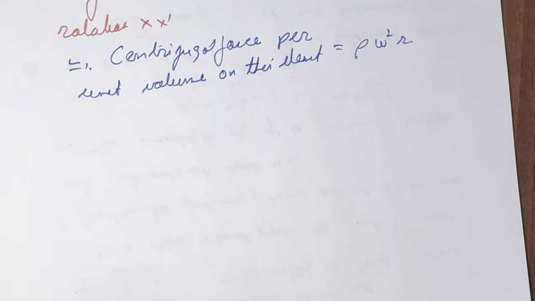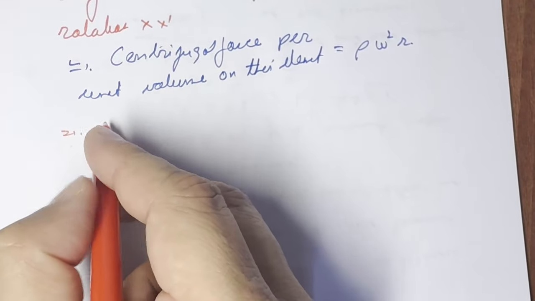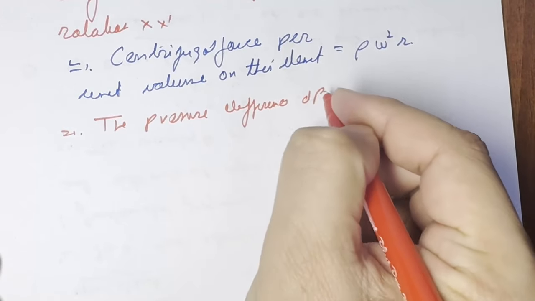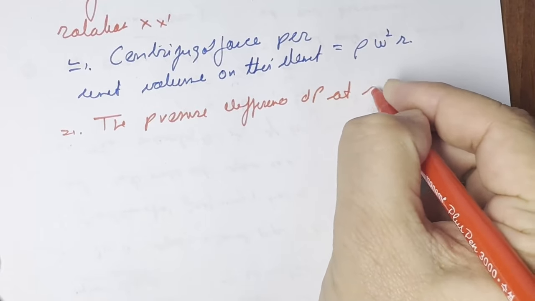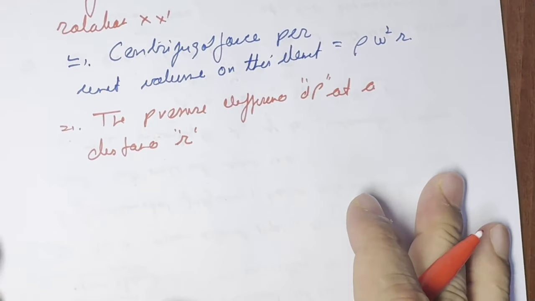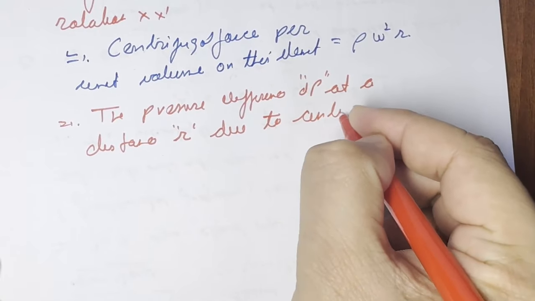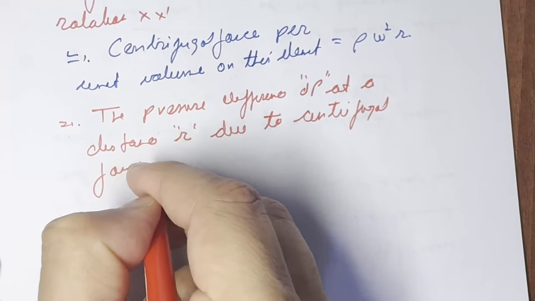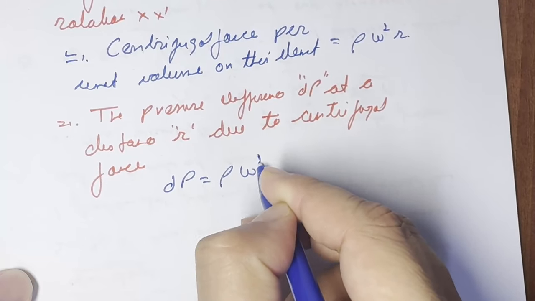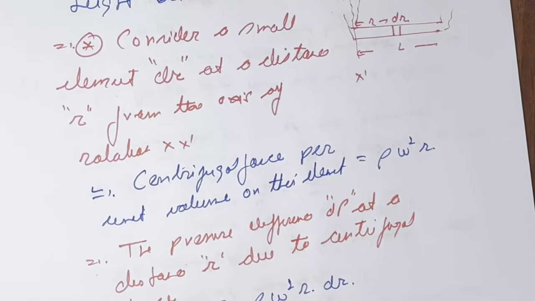And if the pressure difference is dP, then the pressure difference dP at a distance r due to the centrifugal force can be written as rho omega square r multiplied by dr. So then we found out the pressure difference because of this small element.